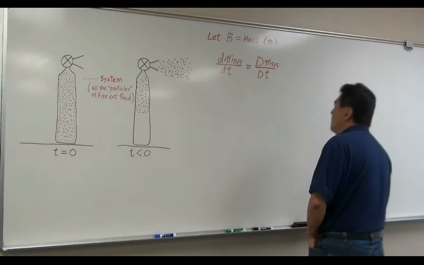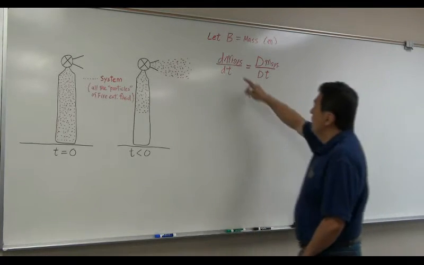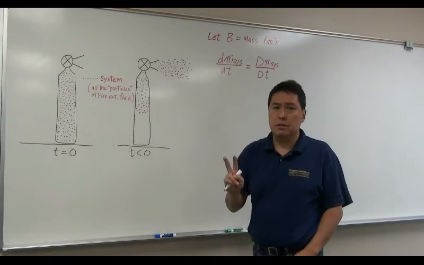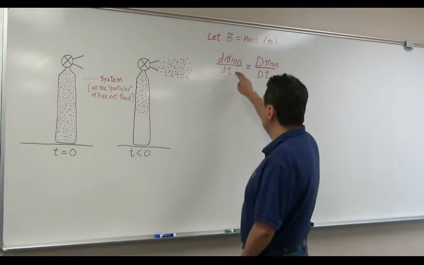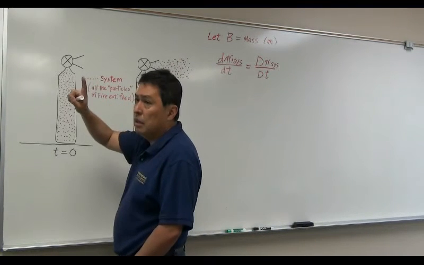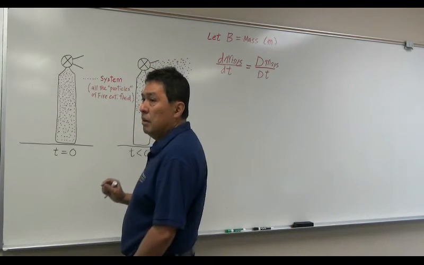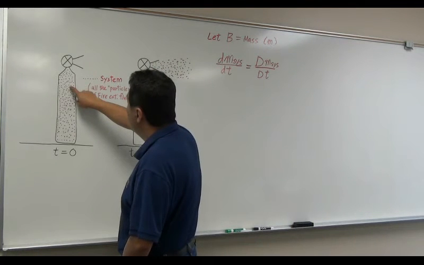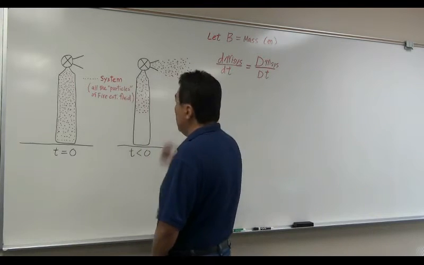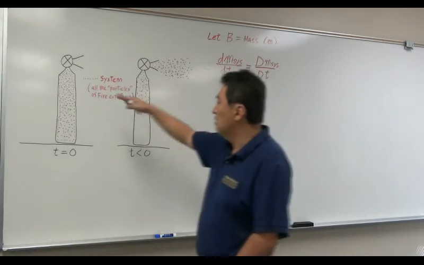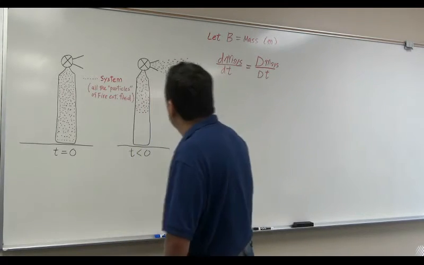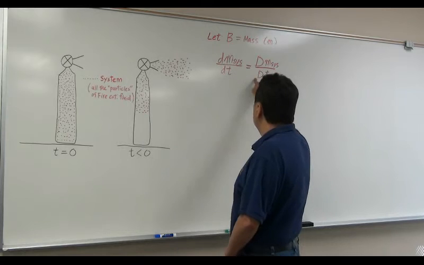The reason why this must be capital D is that the change of the property here depends on two things. The property of each individual particle depends on, number one, its location. If this particle was originally sitting here and now it's here, does that make the property of this particle change? Sometimes, yeah. So you have to keep track of that.